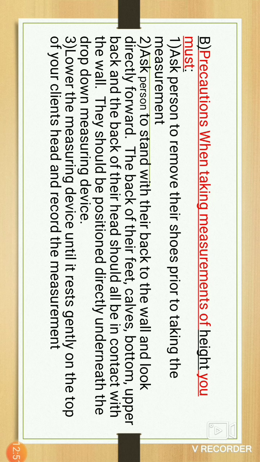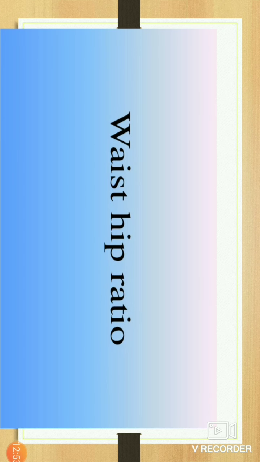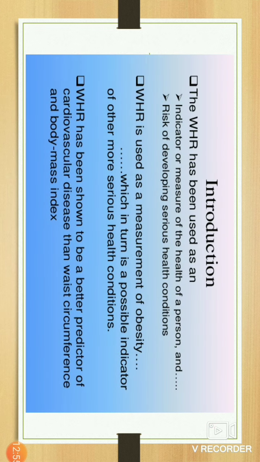Now come to waist hip ratio. The waist hip ratio has been used as an indicator or measure of the health of a person and risk of developing serious health conditions. WHR is used as a measurement of obesity, which in turn is a possible indicator of other more serious health conditions.